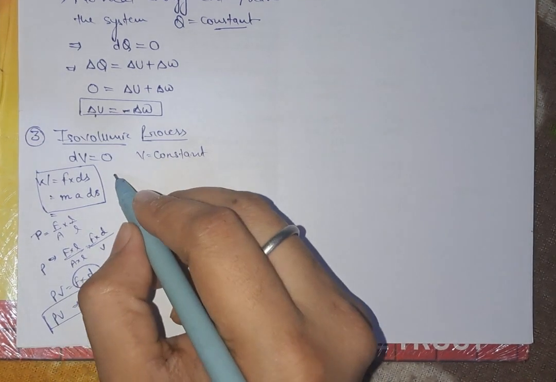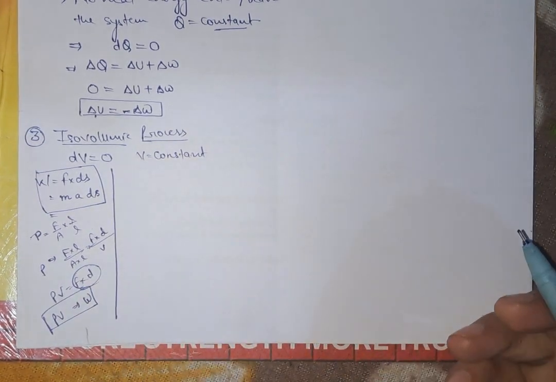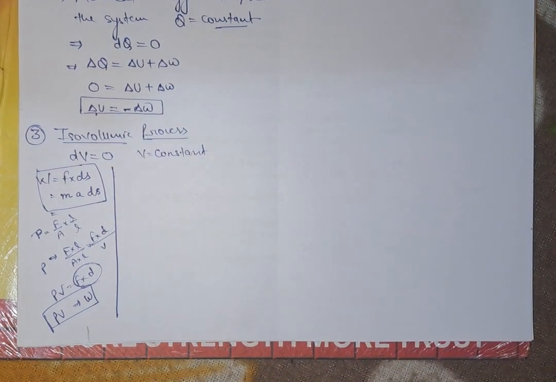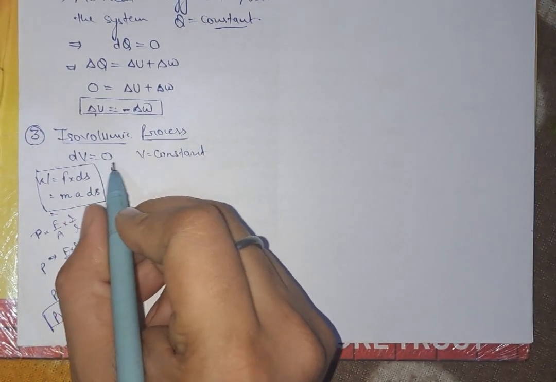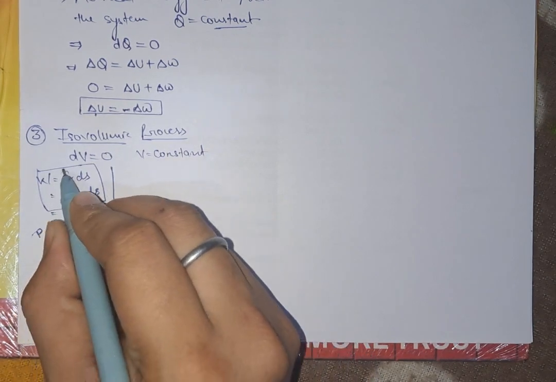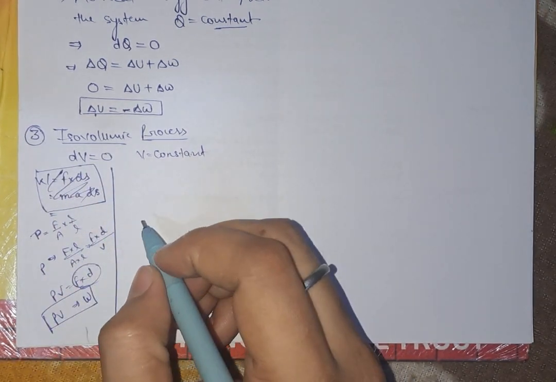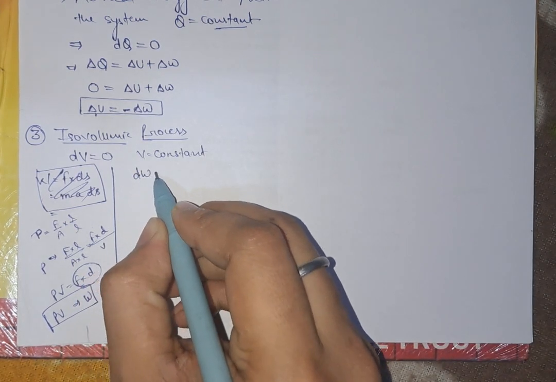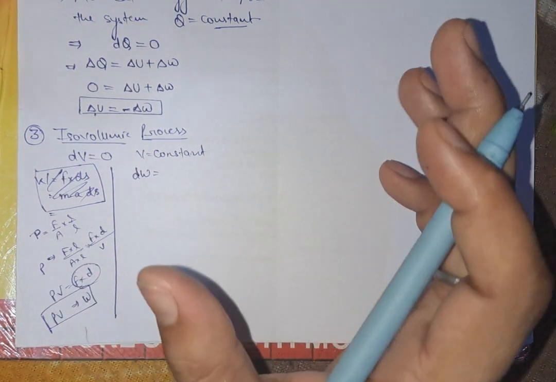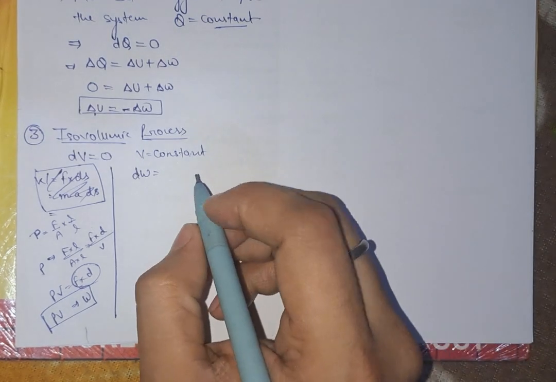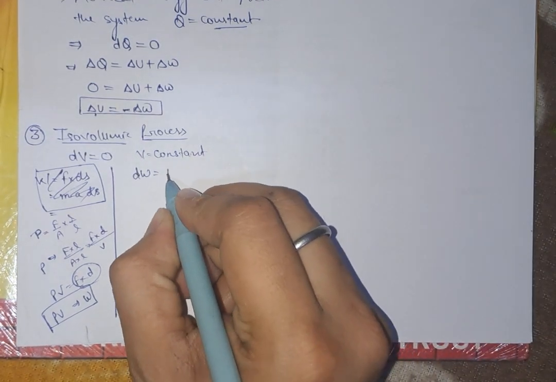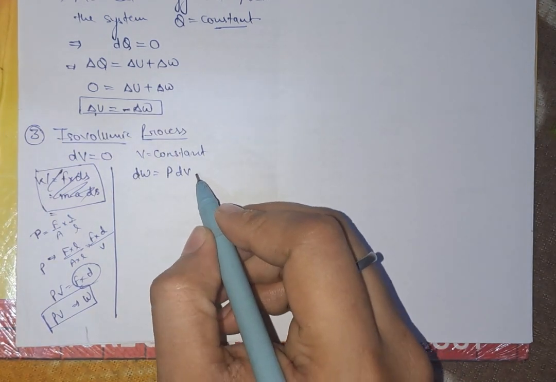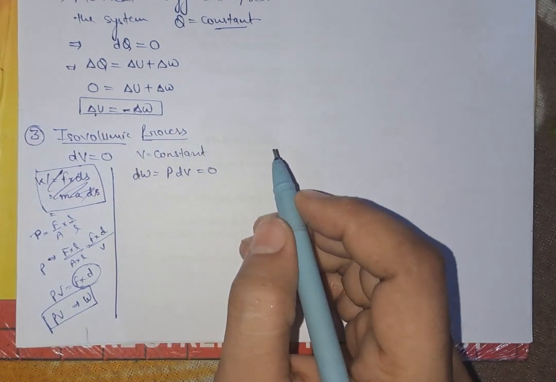So we can write this as W is equal to PV also. Putting this equation in mind, for the differential condition, dW is equal to P dV. Since dV is equal to 0, this completely becomes 0.